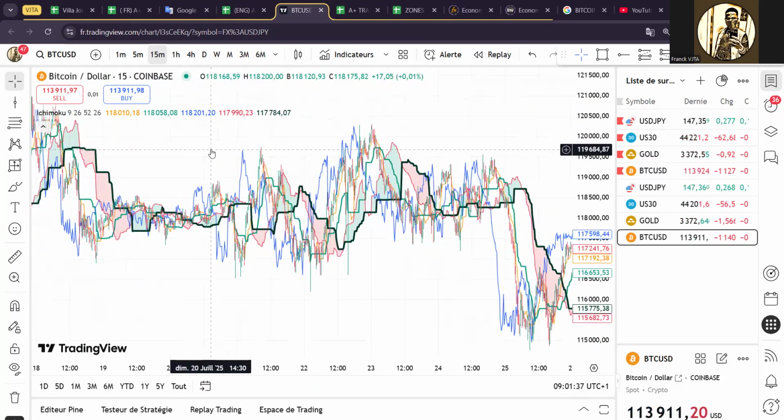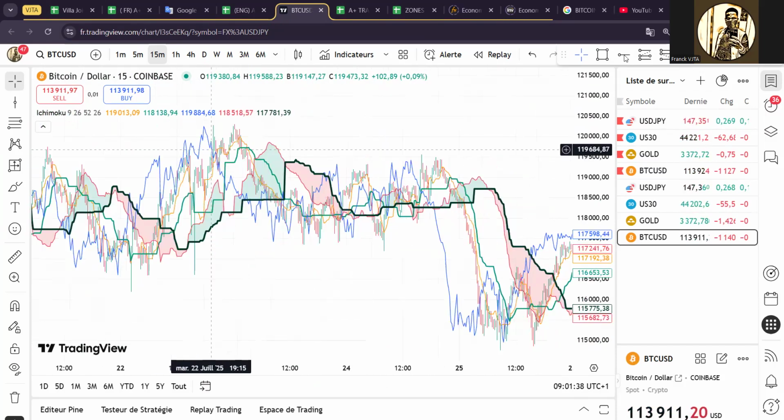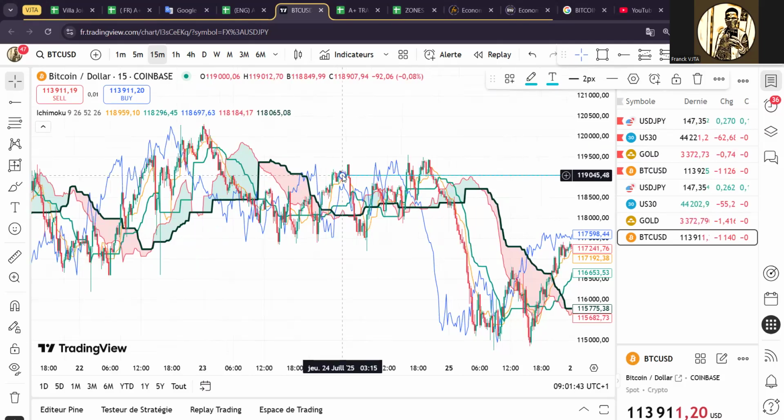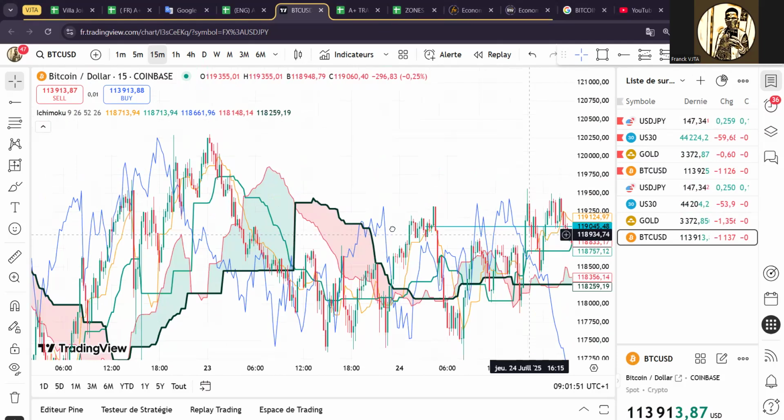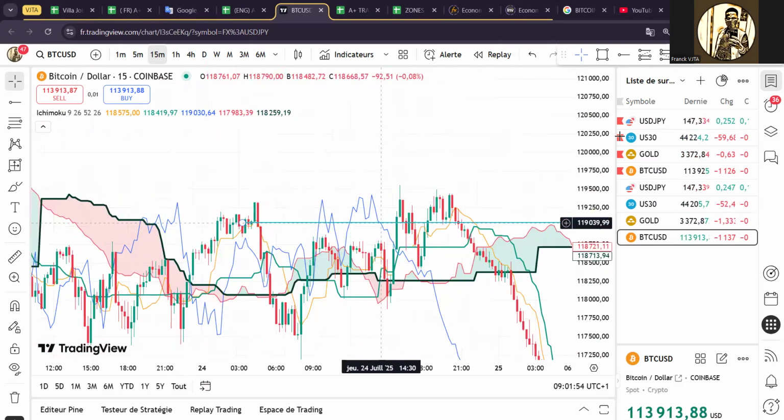By definition, right? Mountain Tenkan is a resistance or a support. See this Tenkan mountain here. By definition, it is a resistance, right? It made the price resist the uptrend.